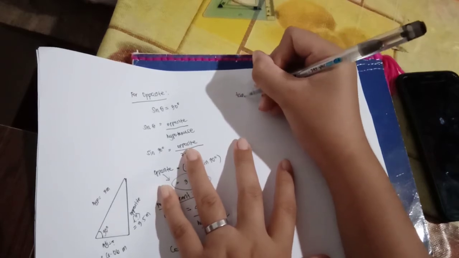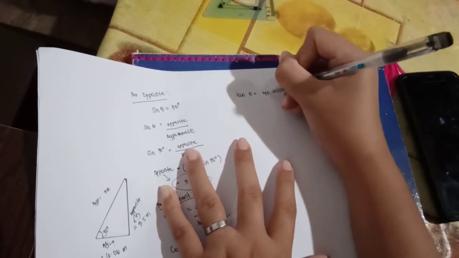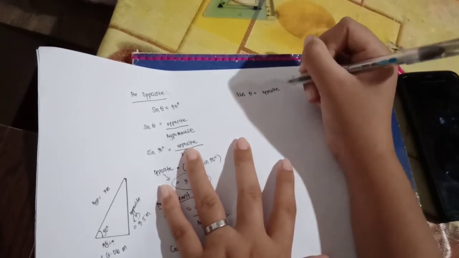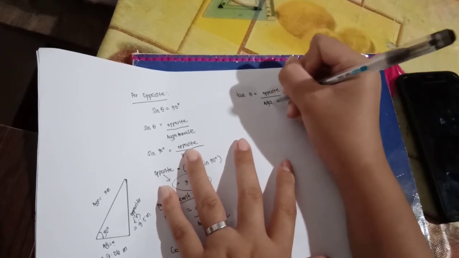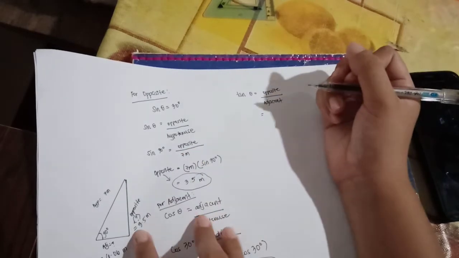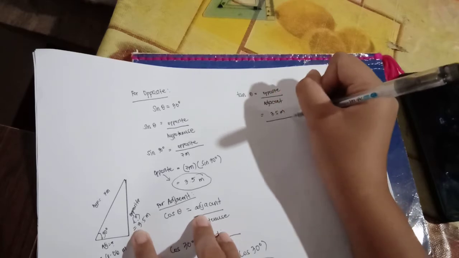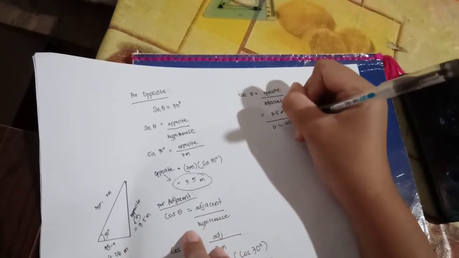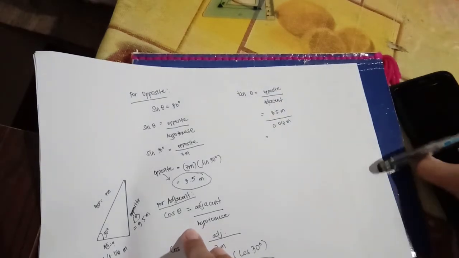For the theta, we're going to use tan theta equals opposite over adjacent. So our opposite is 3.5 meters over our adjacent 6.06 meters. That will be equal to, let's check.